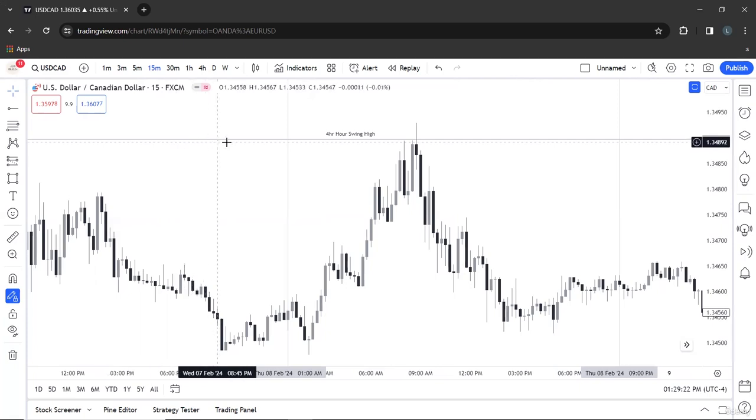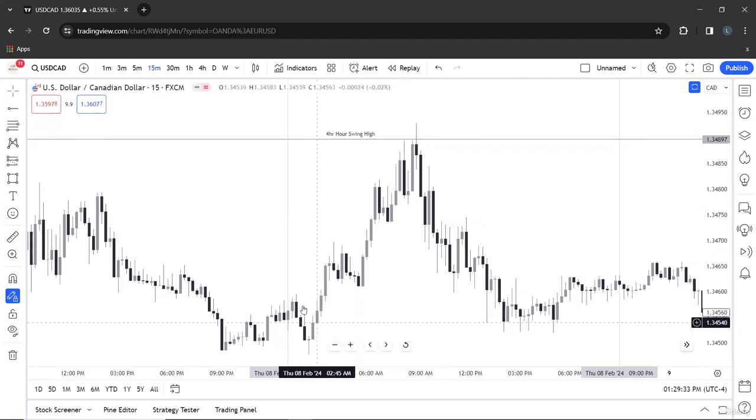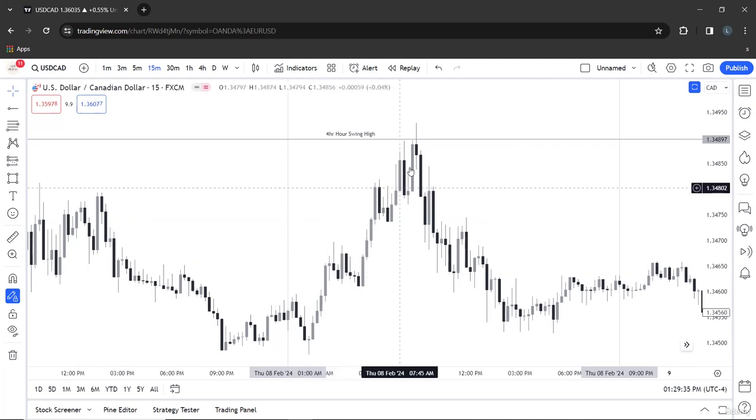We can see right here, we just swept a 4-hour swing high. I'd been waiting for that sweep all day, and it finally made it there. So the manipulation move for that day took a while. Power of 3: accumulation, manipulation, and distribution, but manipulation on this particular day took a while.